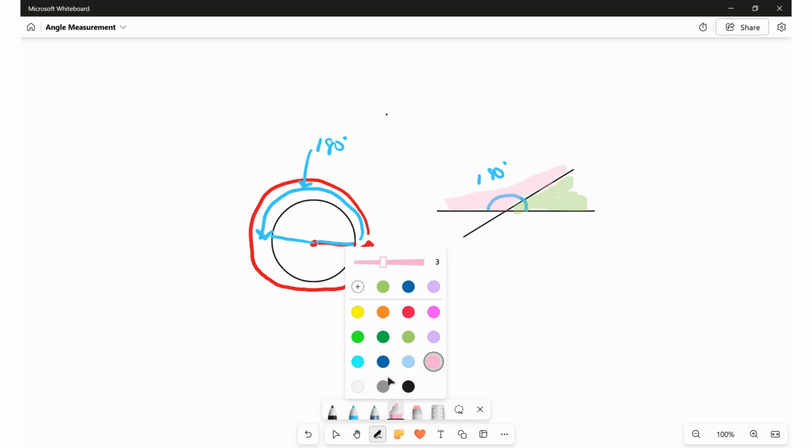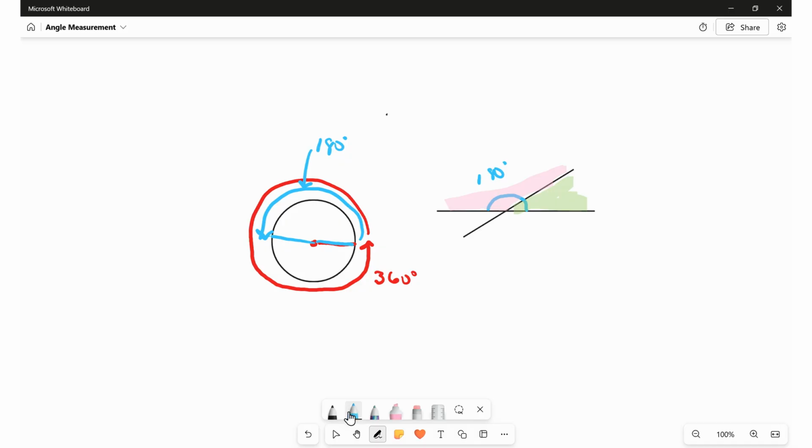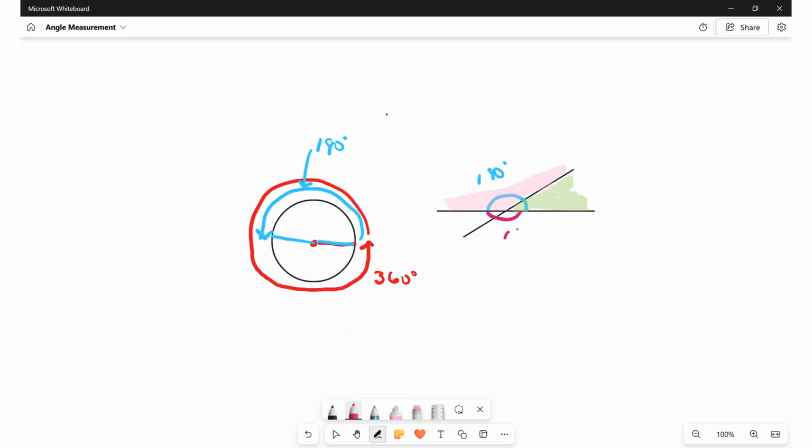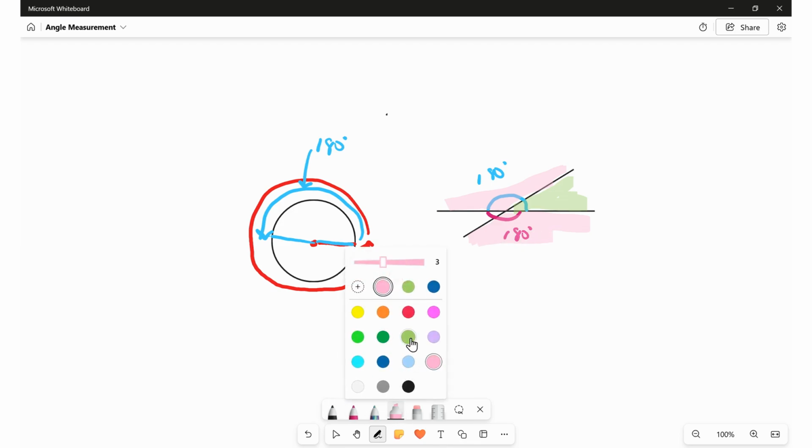Those two things together make up 180 degrees. Well, what about down here? This is also 180 degrees. And funny enough, it's made up of this piece and this piece.